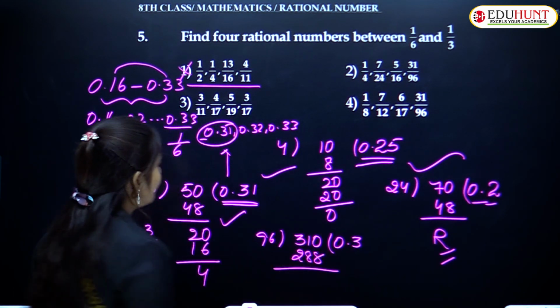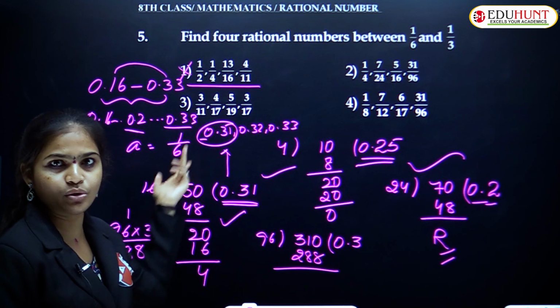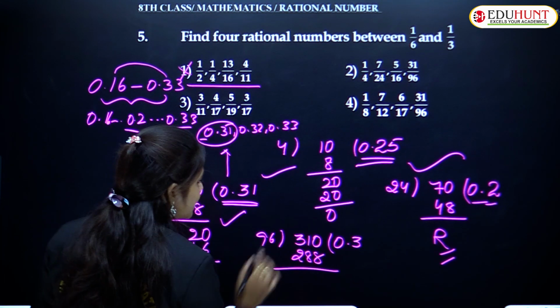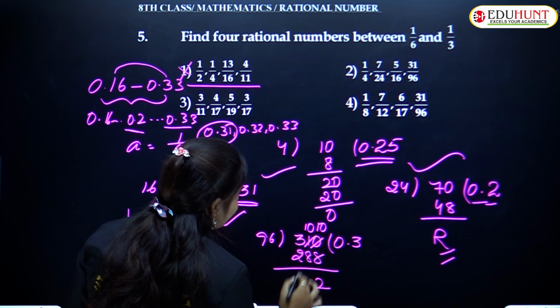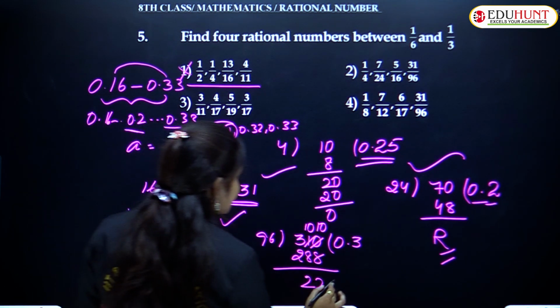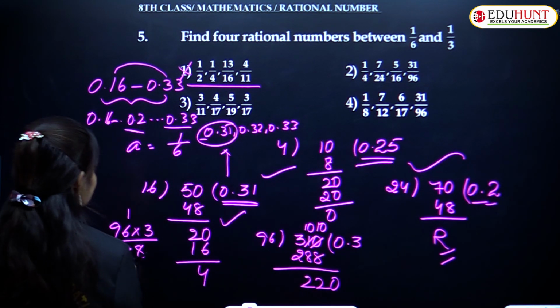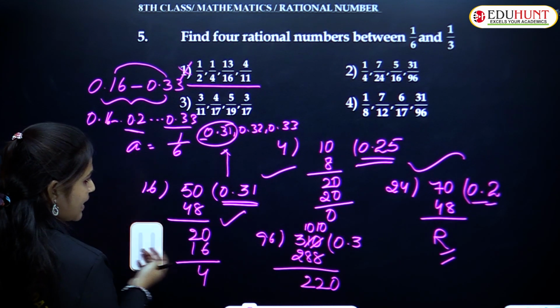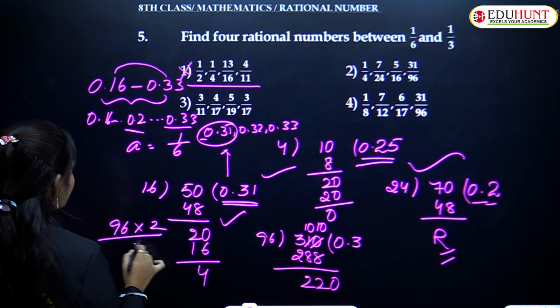Okay. So here 0.3 is existing, but whether it is more than or less than 0.3, we don't know, right? So that's why we have to check the difference. So 310 minus 288 is 22. Okay. So keep that 0 here again. So again which number is satisfying here? 96 3s we are getting 288 now. So 96 2s, better to check that. 2 6s are 12.